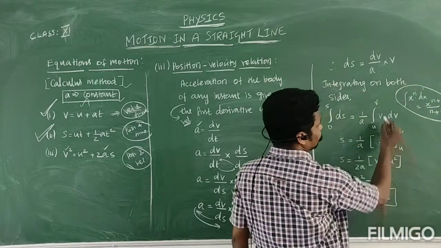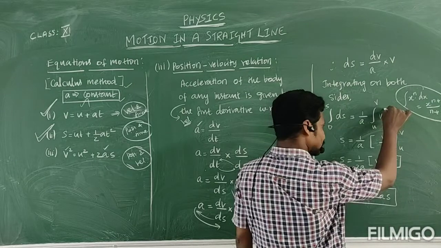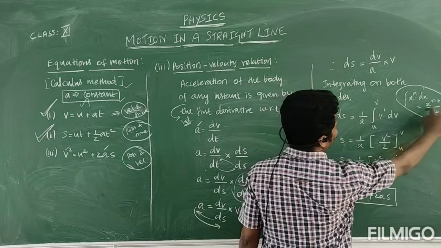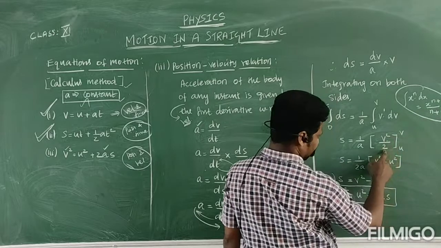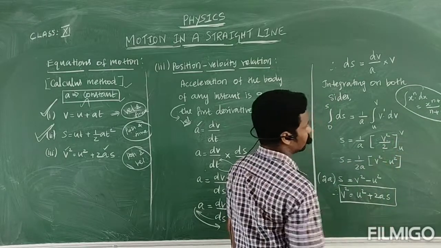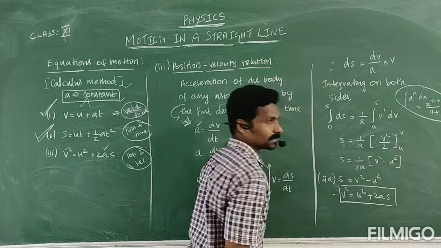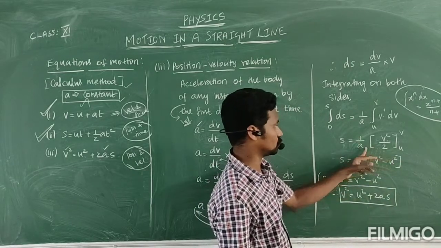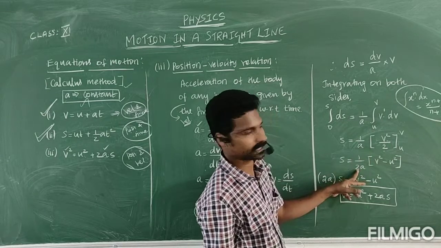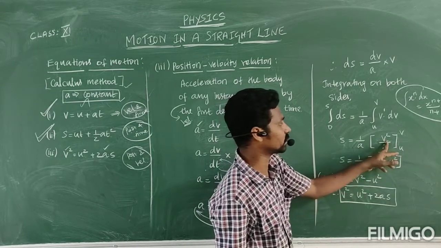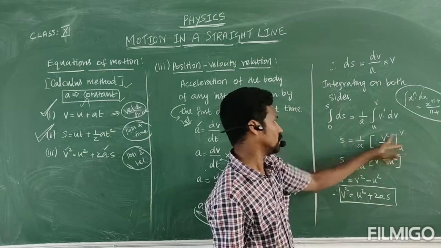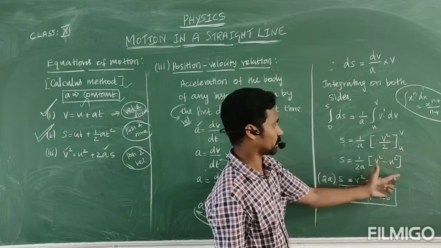Here the integral of x power 1 is there, so what will come? x power 1 plus 1, that is 2, so v squared divided by 2. Then again upper limit minus lower limit. So 1 divided by 2 is a number, let's take it outside, so 2a, and the remaining v square, upper limit v, lower limit u. So v square minus u square.